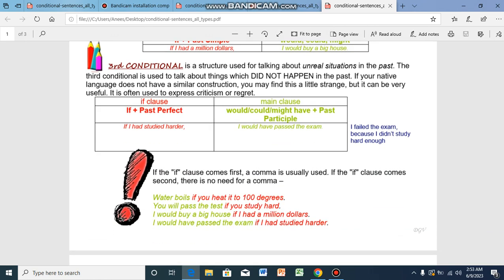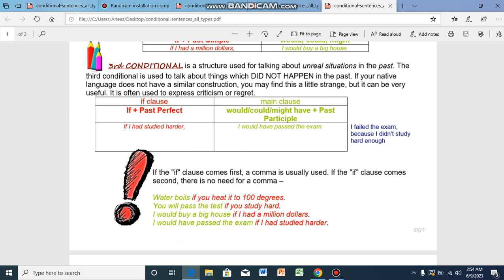And then we have the third conditional. The third conditional is a structure used for talking about unreal situations in the past. It is used to talk about things which did not happen in the past. If your native language does not have a similar construction, you may find this a little strange, but it can be very useful.